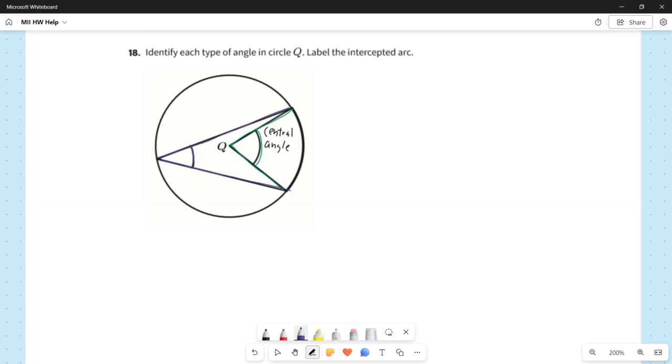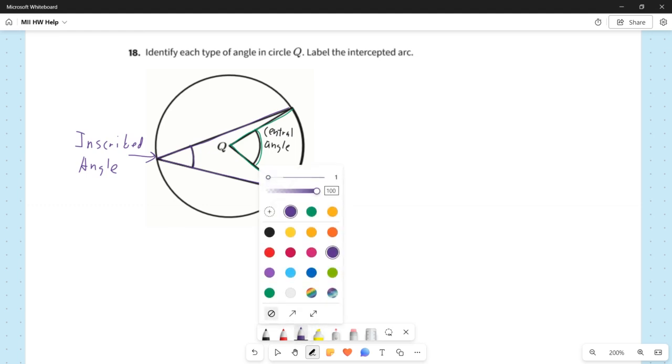The central angle is touching the center, but this angle in purple is touching the actual circle, and it's formed by two chords. And that angle, I'll write it on the outside here, is called an inscribed angle. Not as easy to remember as central angle because, yeah, just not as easy. But it is called an inscribed angle.